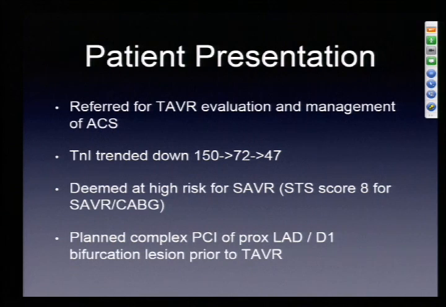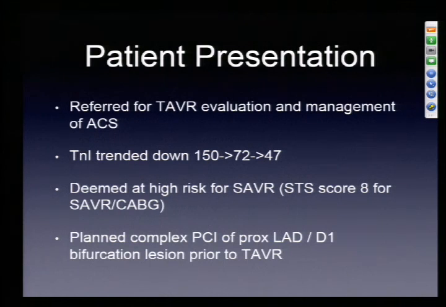With medical therapy alone, her troponin had trended down, and so she was evaluated by our valve team and deemed to be at very high risk for a surgical aortic valve replacement with an STS score of 8 for the surgical valve replacement and CABG, which she would require.